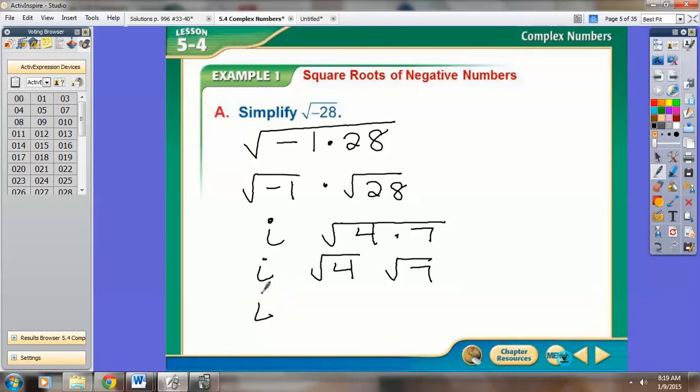So we have i times 2 radical 7, or square root of 7. I don't want you to leave it as i2. Think of i as like a variable. We want to put our variable after our number, correct? So we're going to write this as 2i square root of 7. We want it after our number, but before the square root.